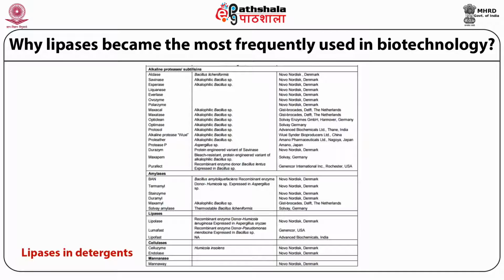So that's where the interest in the enzymes involved in the digestion process came in. Fats and oils have been an important constituent of the diet, particularly for non-vegetarians, which had a lot of fatty stuff in the meats and other similar dietary components.